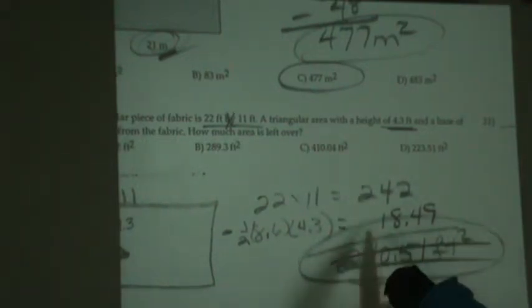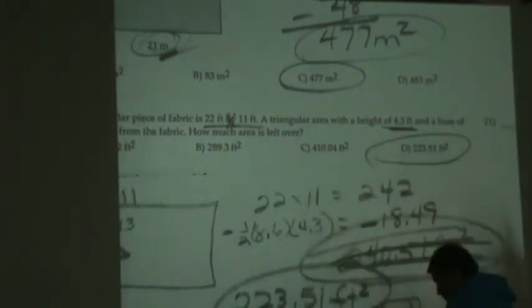Yeah, I did. I put it on the calculator. Okay, so that's right. I just didn't subtract it right on the calculator. 223.51 square feet. If I miss by many more, I'm not even going to give an A. Okay, 223.51.